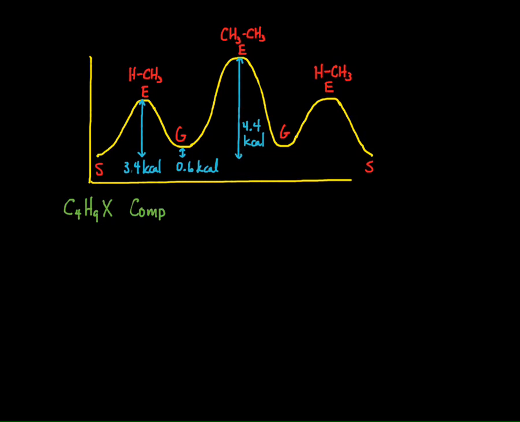All right, so let's take a look at butyl compounds, right? C4H9X compounds. And notice when we are talking about butyl compounds, we have to talk about both isomers, butane and isobutane. And we have to look to see whether or not the hydrogens are equivalent with one another.